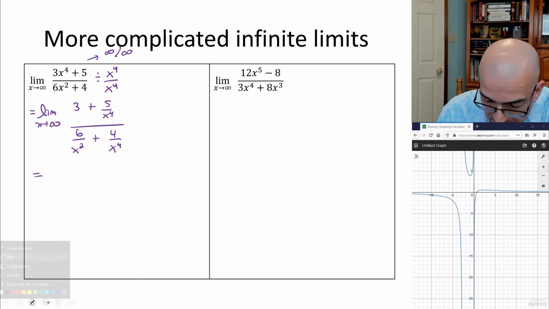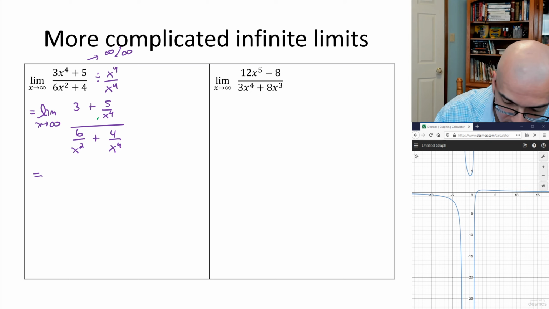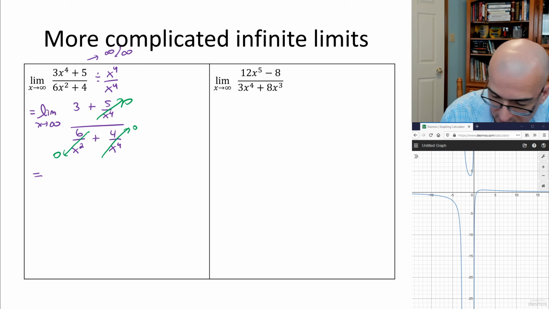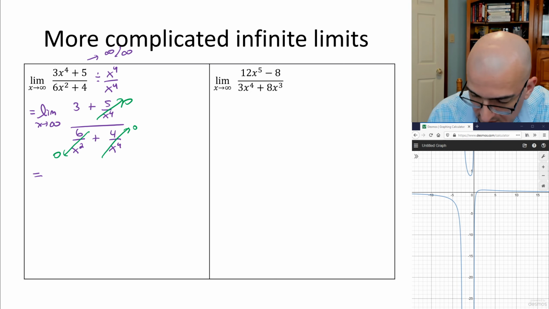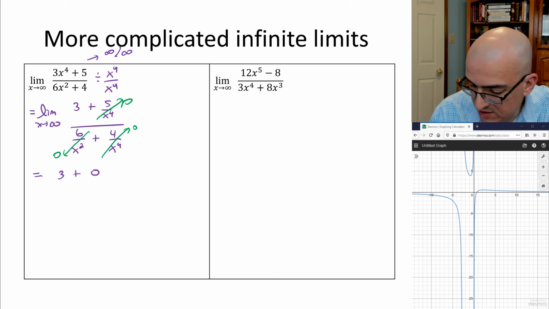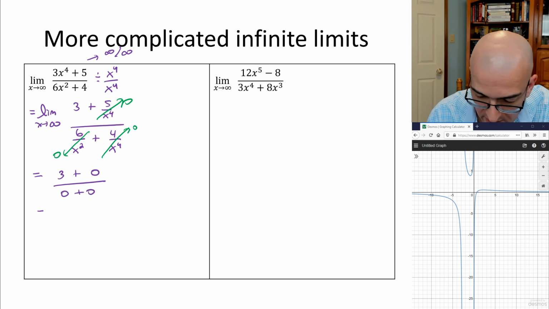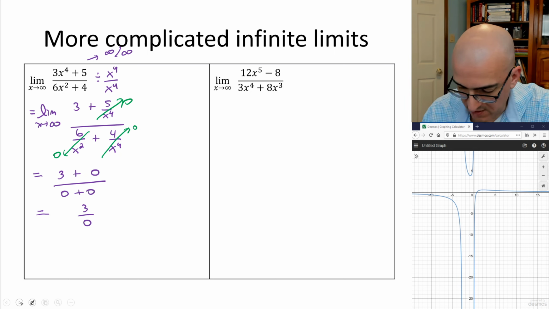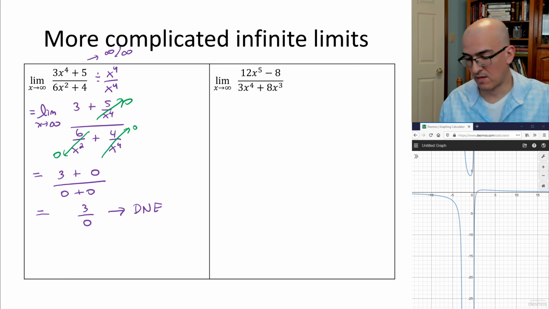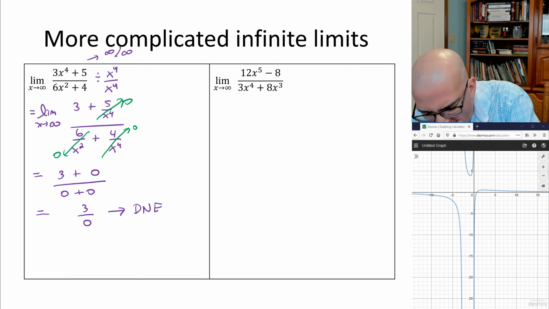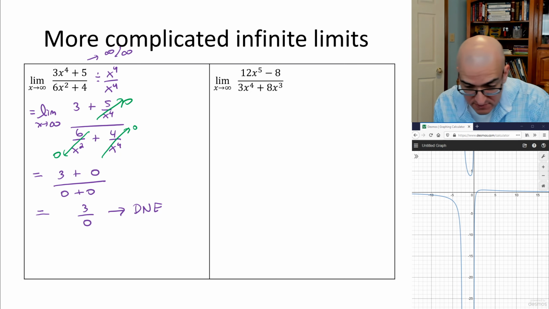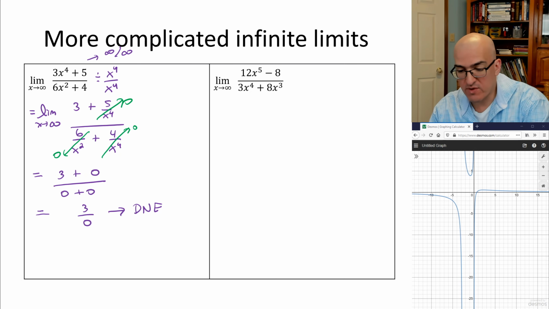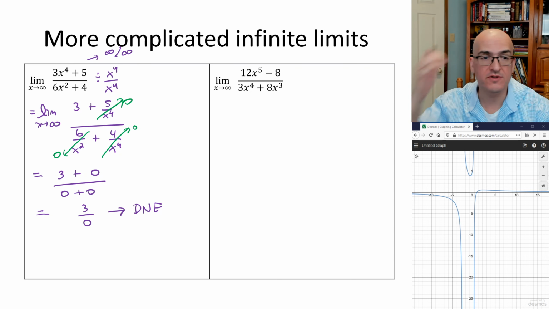Then use the theorem. And what do we get? We get 3 plus 0 over 0 plus 0. We get 3 over 0, which is undefined, DNE. And what's happening here is the function is growing larger and larger.